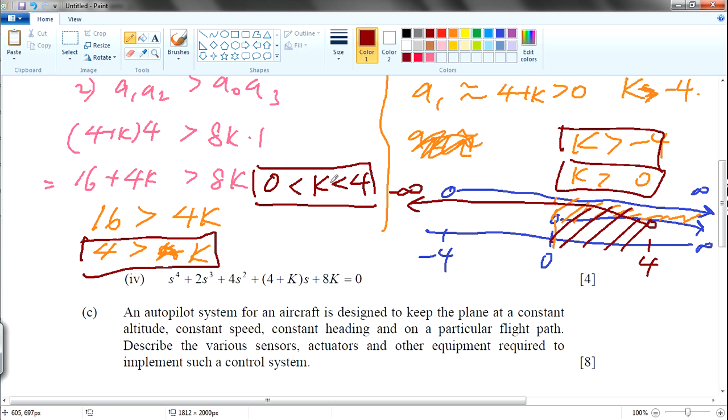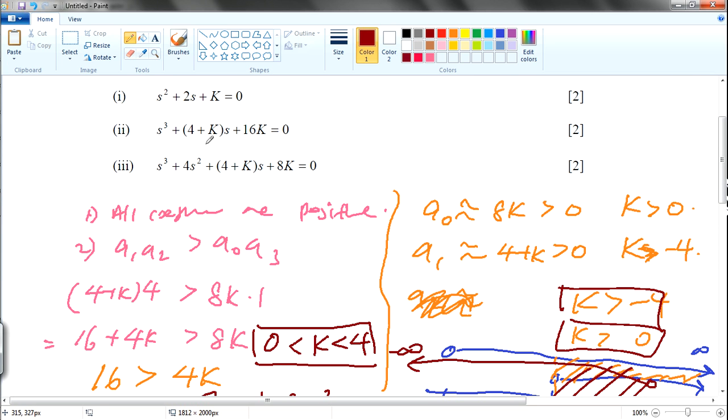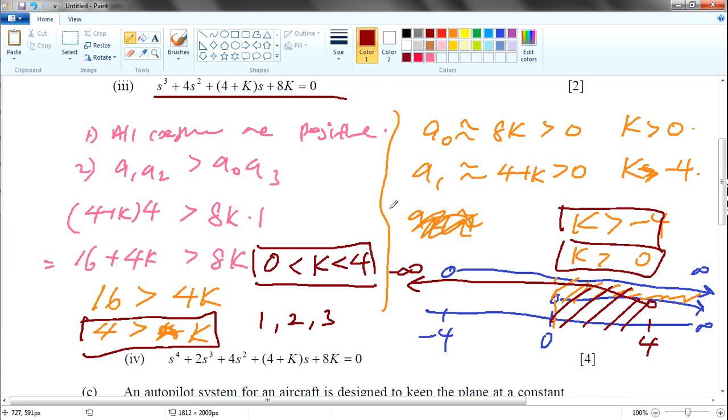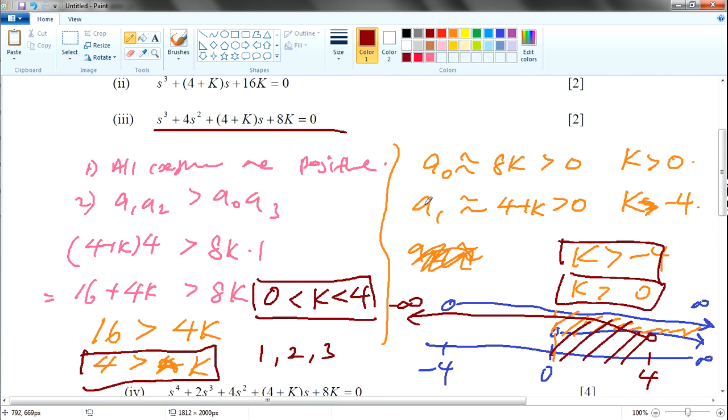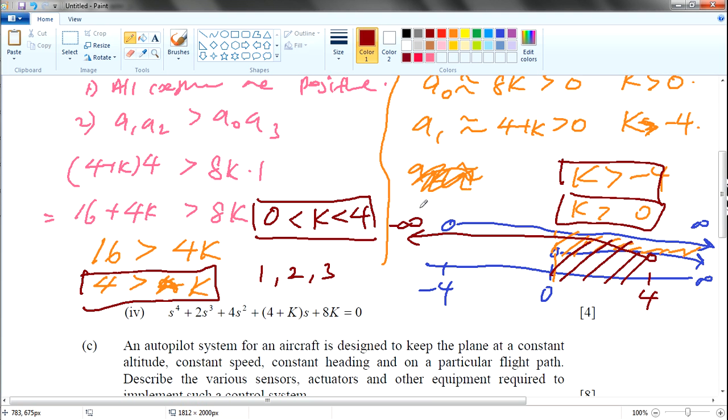So K can be 1, can be 2, can be 3, cannot be equal to 4, cannot be equal to 0. If you substitute 1, 2, or 3 into this characteristic equation, you have a good outcome, which is stable anyway.